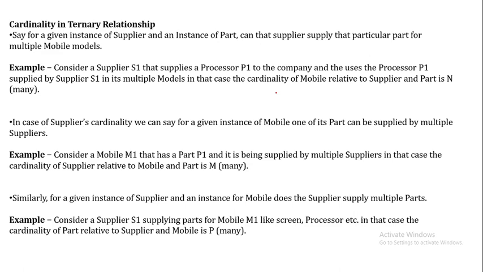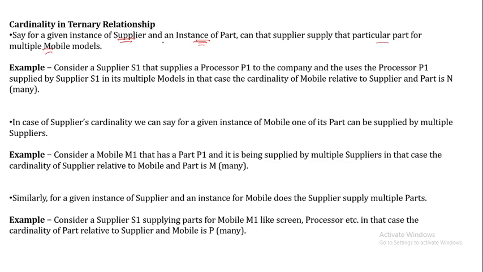Okay, now let's see an example. Say for a given instance of supplier and an instance of a part, a supplier is there and a particular part is there. Can that supplier supply that particular part for multiple models?